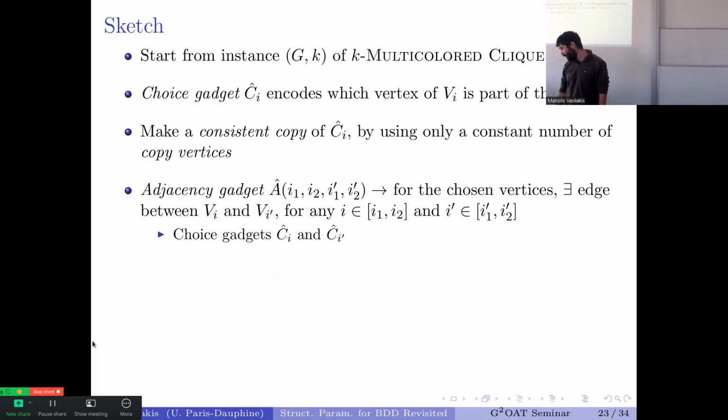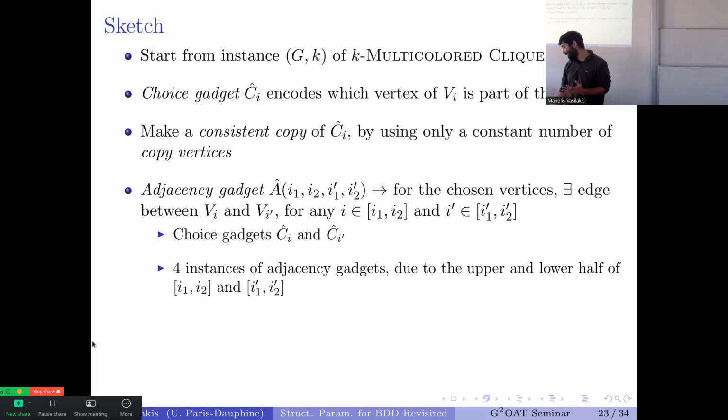The construction for that is, we have the choice gadgets, and for a specific adjacency gadget, we build it recursively. It is constructed from four adjacency gadgets, which are defined by the upper and lower halves of i1, i2, and i'1, i'2.